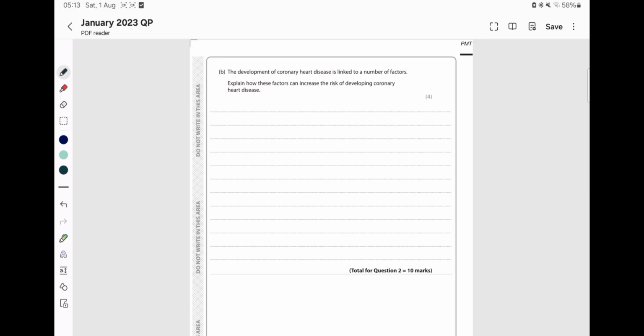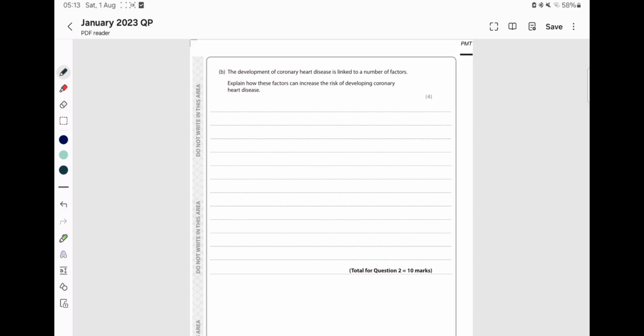Lack of exercise as well, because exercise reduces blood pressure and it also strengthens your heart muscle, so lack of exercise reduces all of these. And also it could be genetics, maybe an inherited factor.